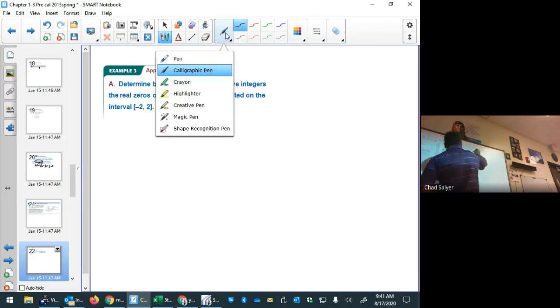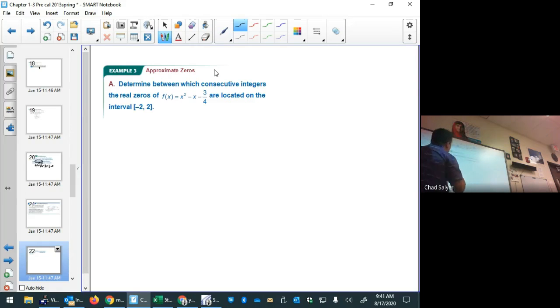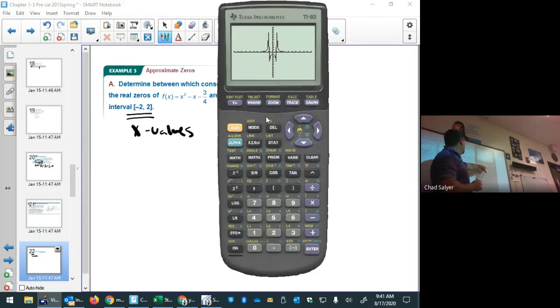Okay, example 3 is about approximating zeros. Determine between which consecutive integers the real zeros of the following function are located on the interval -2 to 2. So these are the x values we're concerned about. Only those between -2 and 2. So let's use the calculator to do a little graphical analysis here.